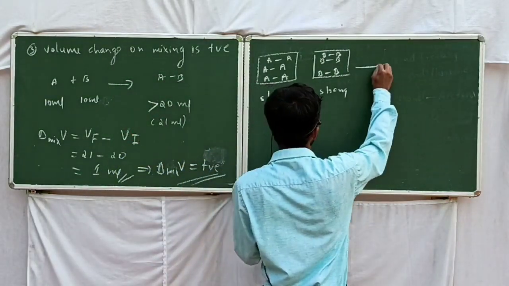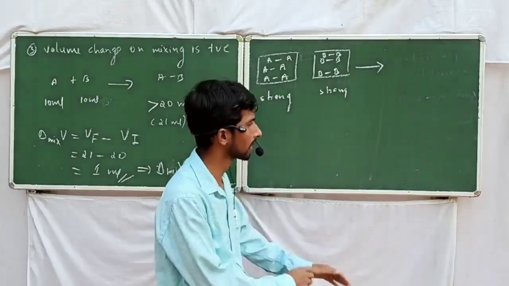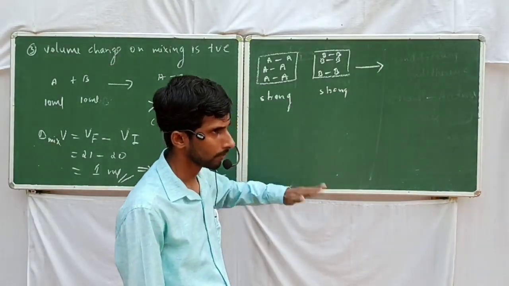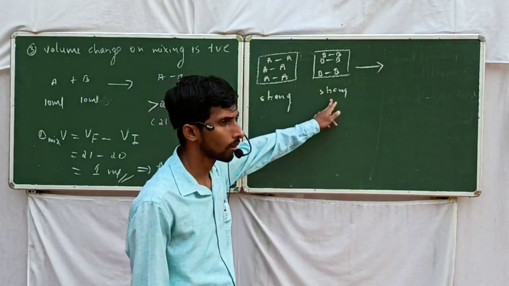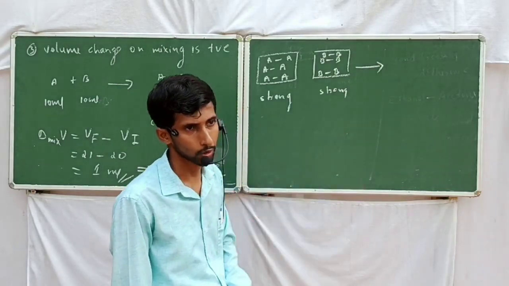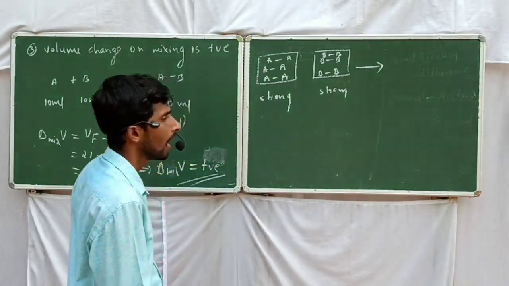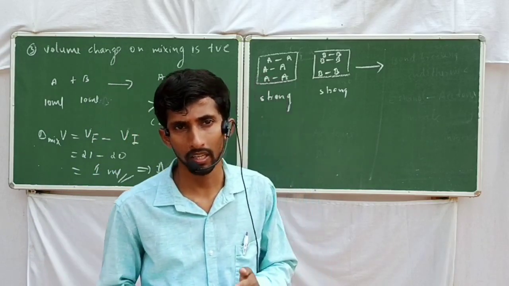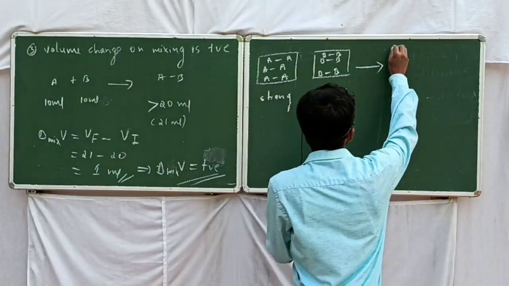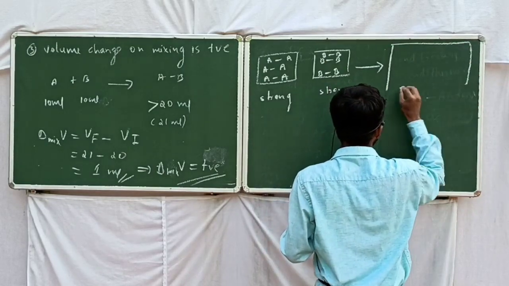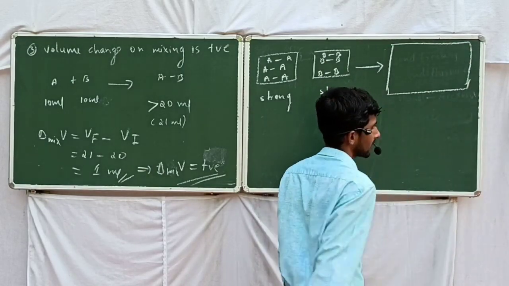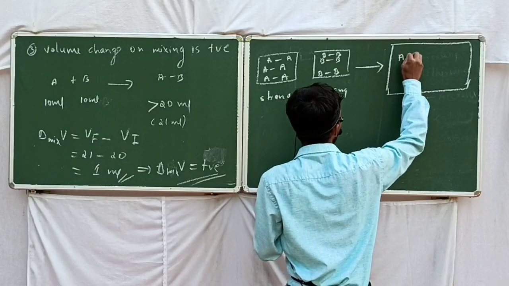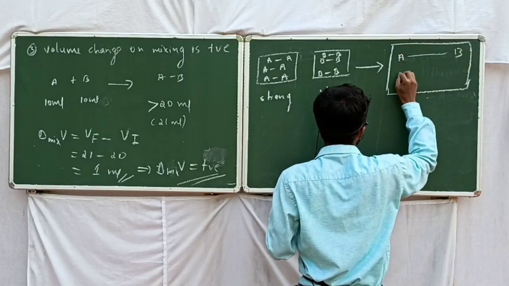Then once you mix them, as we already discussed in the first characteristic, in case of non-ideal solution showing positive deviation, the magnitude of intermolecular force of attraction between the components decreases. If the magnitude of intermolecular force of attraction decreases, then the molecules are loosely bound to each other.